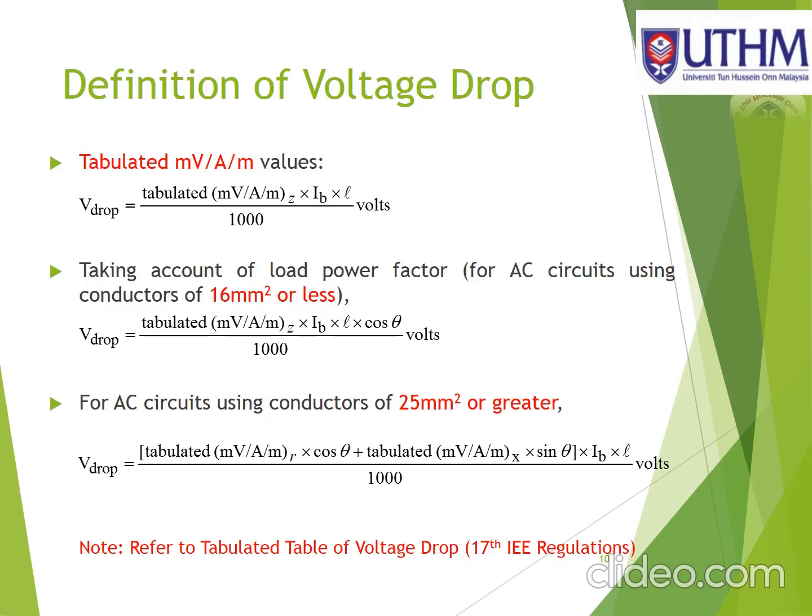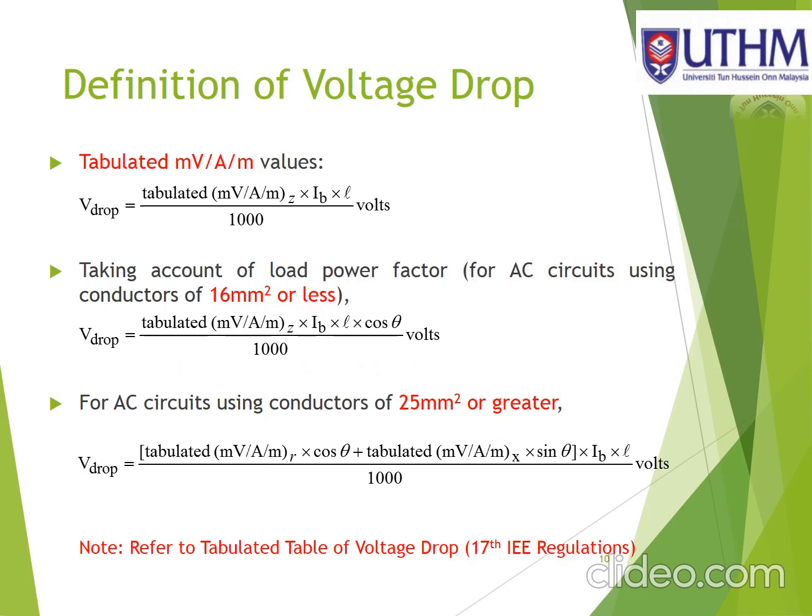This is the formula for voltage drop, but there are two conditions. The first one is load power factor for an AC circuit using conductor of 16 mm squared or less. So the formula is here.